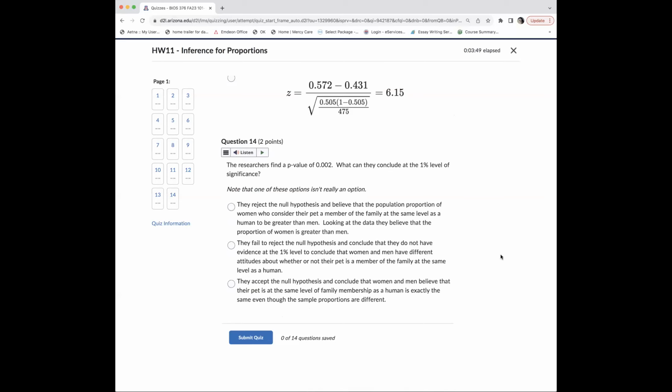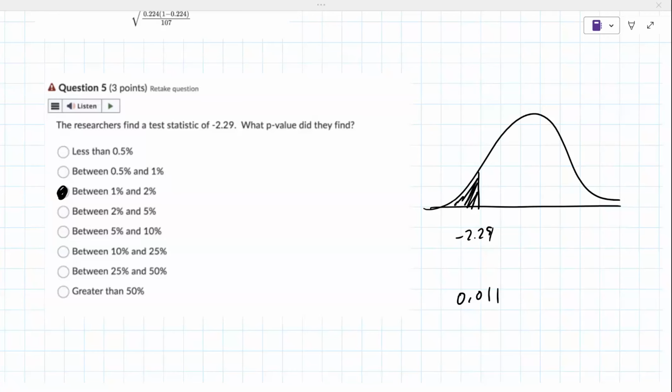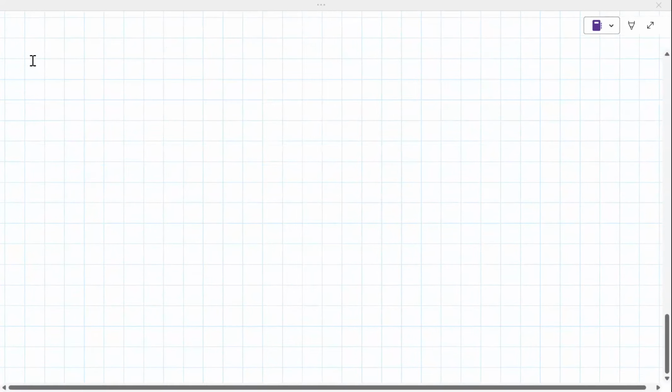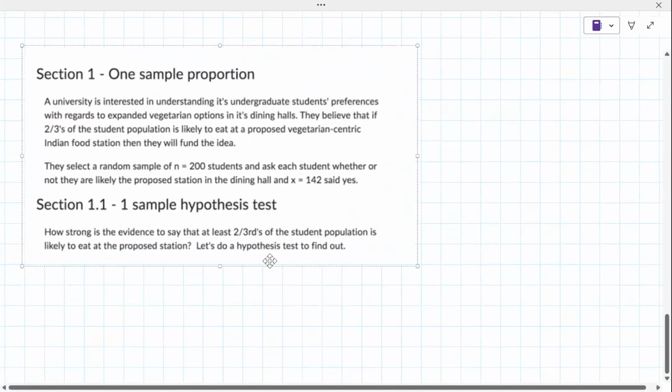All right, I will share my screen here and look at some more questions together. So there's kind of this preliminary information that's not what we want. They give you this preliminary information at the top.